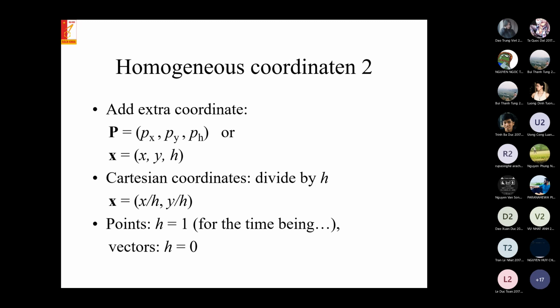So in the new homogeneous coordinate system, the vector p will be expressed as px, py, and ps, or x, y, and s.